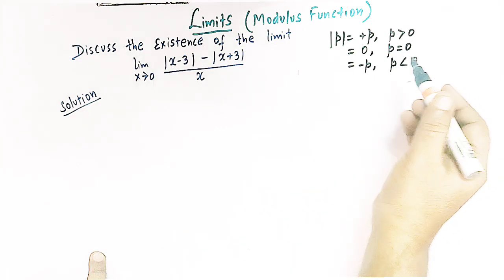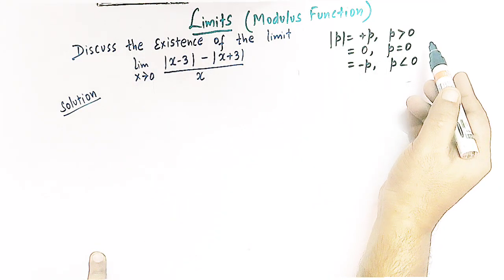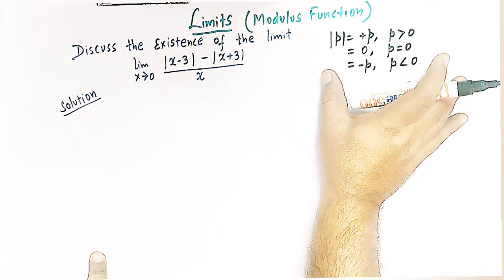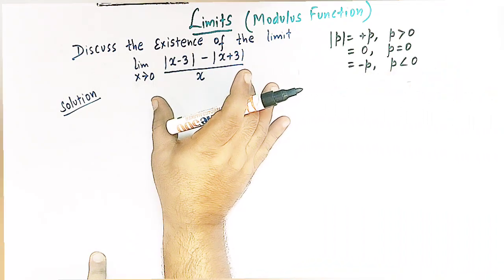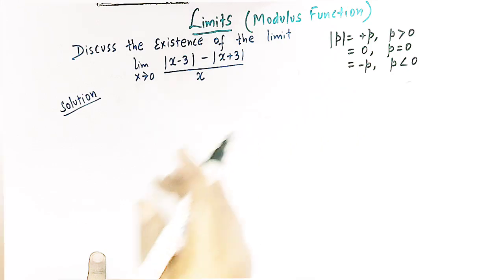So viewers, the solution of this limit lies in the definition of mod function. So if we correctly apply this definition of mod function to find out the right hand limit and the left hand limit, then we can draw the conclusion.